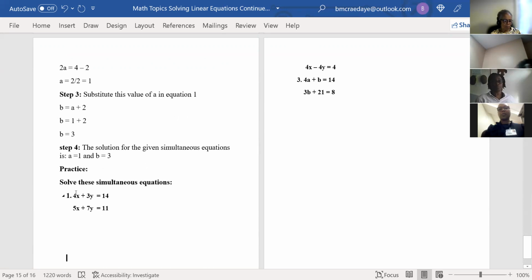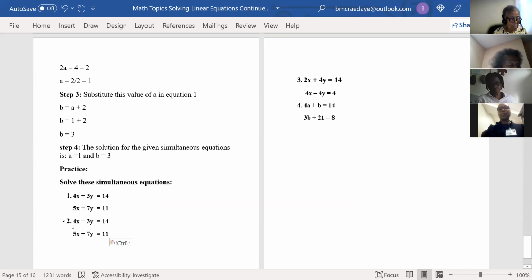Now, since this is 4 and 5, you know you'd have to multiply the equations by what? What would you multiply these equations by to get the same coefficient and variable so they match? 20, that's right. So you want to get 20.